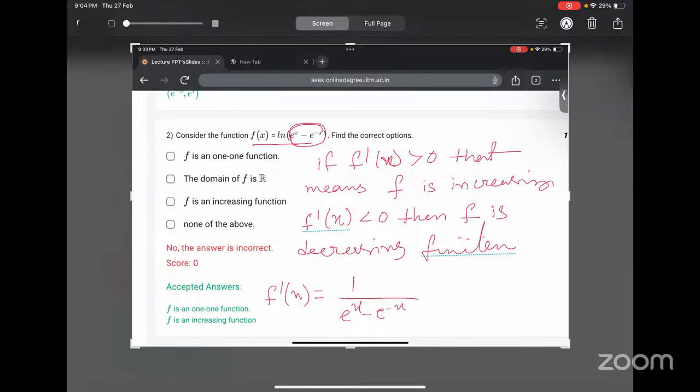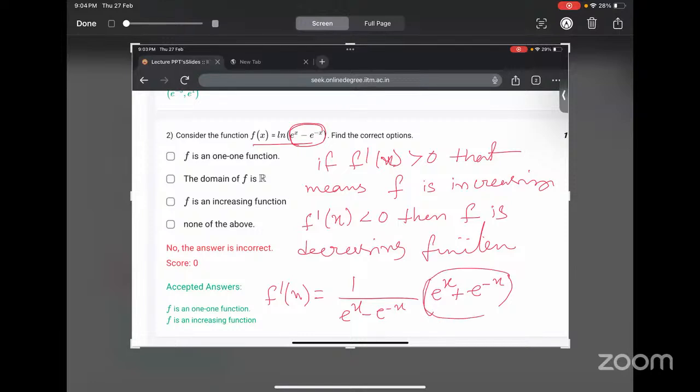For e power x, we will get e power x again. And for e power minus x, we will get minus e power minus x, so that plus e power x. Minus x. Right? So that means we have e power x plus e power minus x over e power x minus e power minus x.